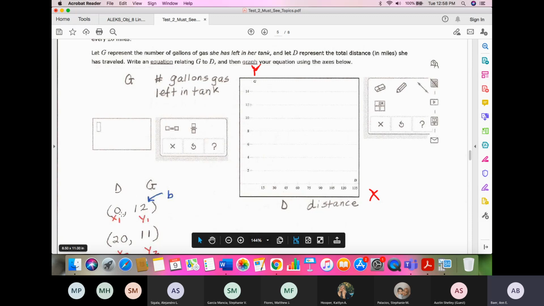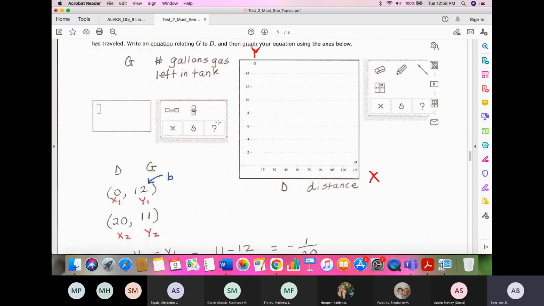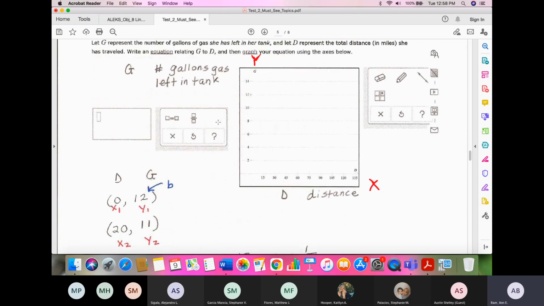What does that 0 mean or represent? What does D represent? Let D represent the total distance in miles. If D is 0, Caitlin is still sitting in her garage. Her car is still in her garage if D is 0.